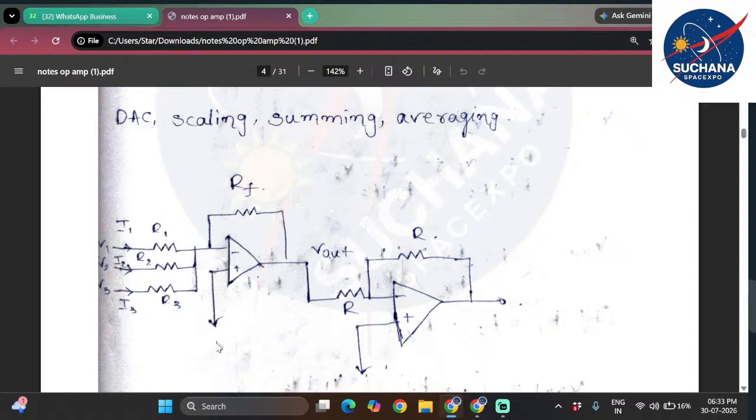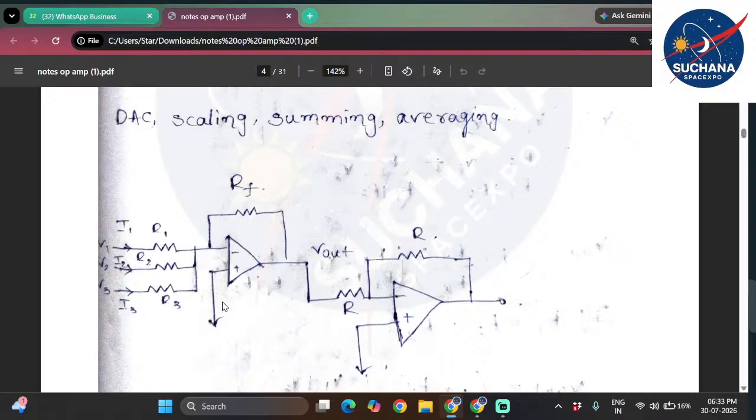But practically, if you observe some schematics found online, here also you will find one additional resistor for the non-inverting terminal, which is called the compensation resistor.